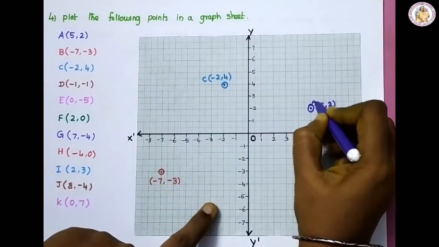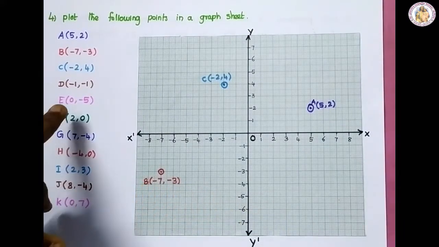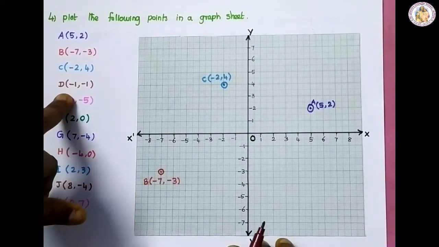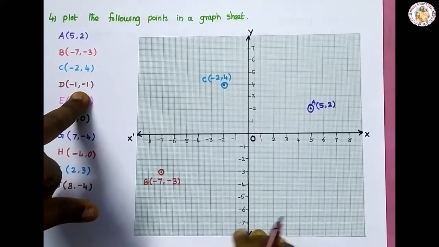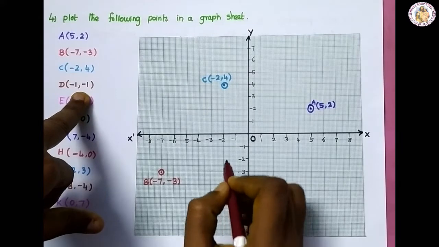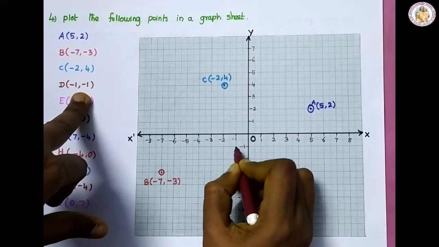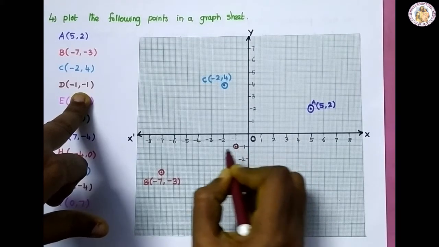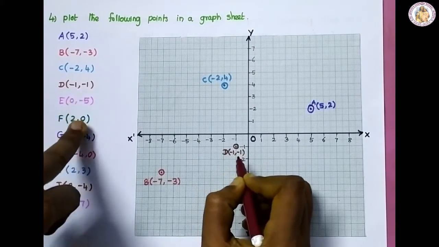This is A and B, C. And D, minus 1 comma minus 1, both are in minus sign, so that is which quadrant? Third quadrant, minus 1, minus 1, that is D.